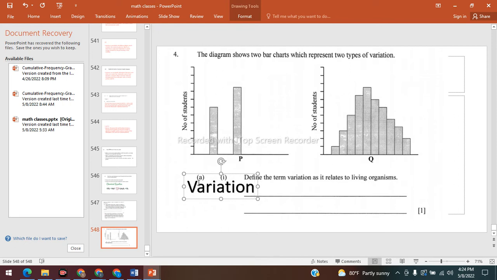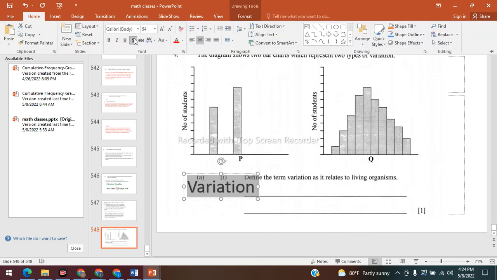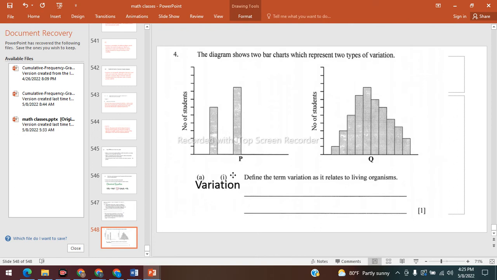Differences. Like she said, height. Some people are tall, some people are short. So you mean genetic differences. I was just trying to figure out what they mean by related to living organisms, like height, weight.